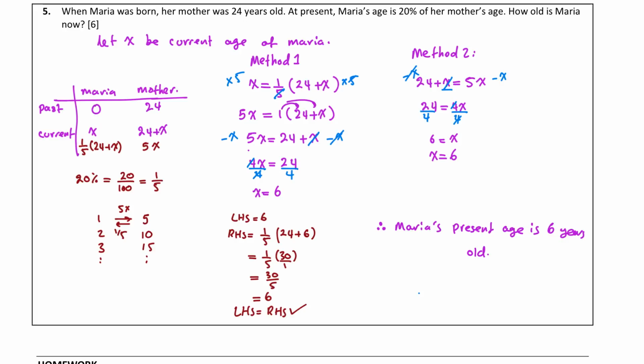One was to set x equal to 1/5 of her mother's age, or to set her mother's age equal to 5 times Maria's age. Both ways were correct methodologies to solve the problem, but by using this method, we saved a little bit of time and we used a more efficient way of getting to our final solution.